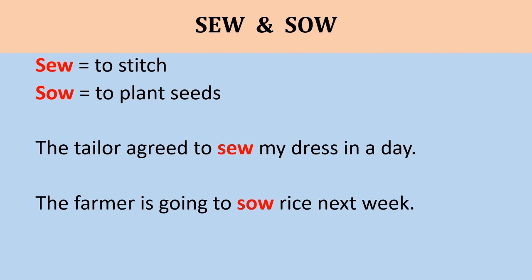The tailor agreed to sew my dress in a day. Often mispronounced as sew. It's not sew, it's sow. The farmer is going to sow rice next week. That is to plant, to start cultivating the rice by planting the seeds.